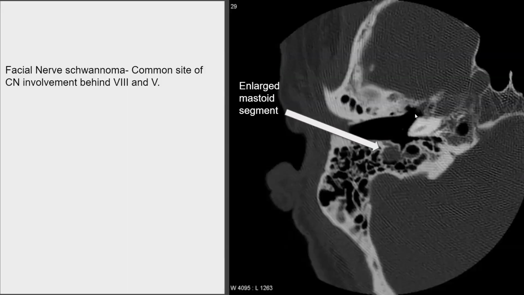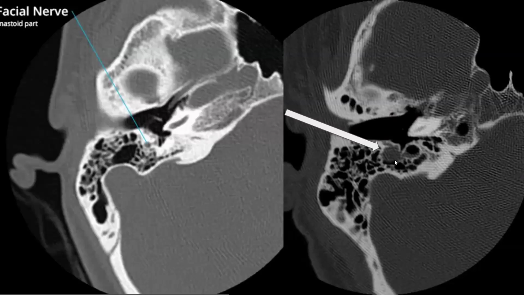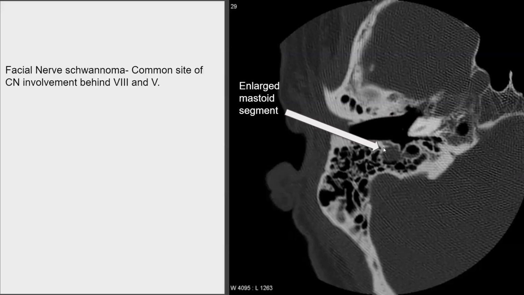All right, so we see pathology here again. So we see the mastoid segment. We remember on the prior images, the facial nerve was always pretty small. When we see a focal enlargement, we have to think about pathology. Most commonly, that's going to be something called a schwannoma. And so we also have these schwannomas, which are nerve sheath tumors.